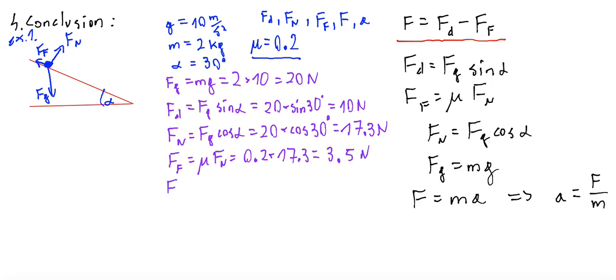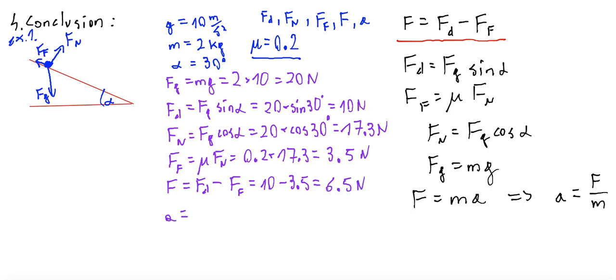Then all is given. You can calculate overall force as the difference between downward and frictional force. Remember, motion is affected by friction. So downward was 10, frictional 3.5. 10 minus 3.5 is 6.5 newtons.